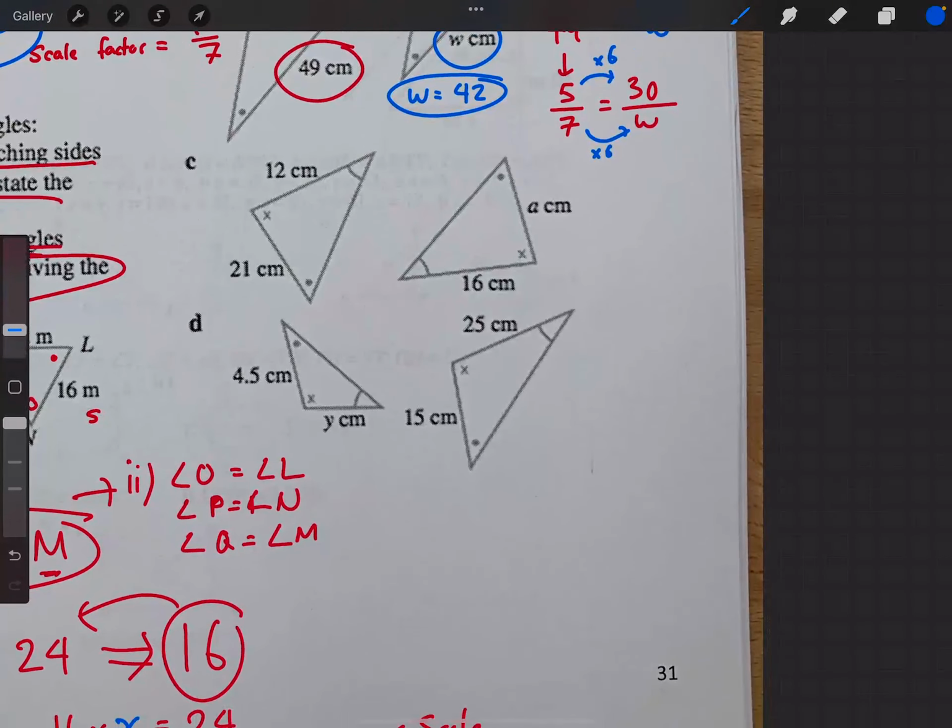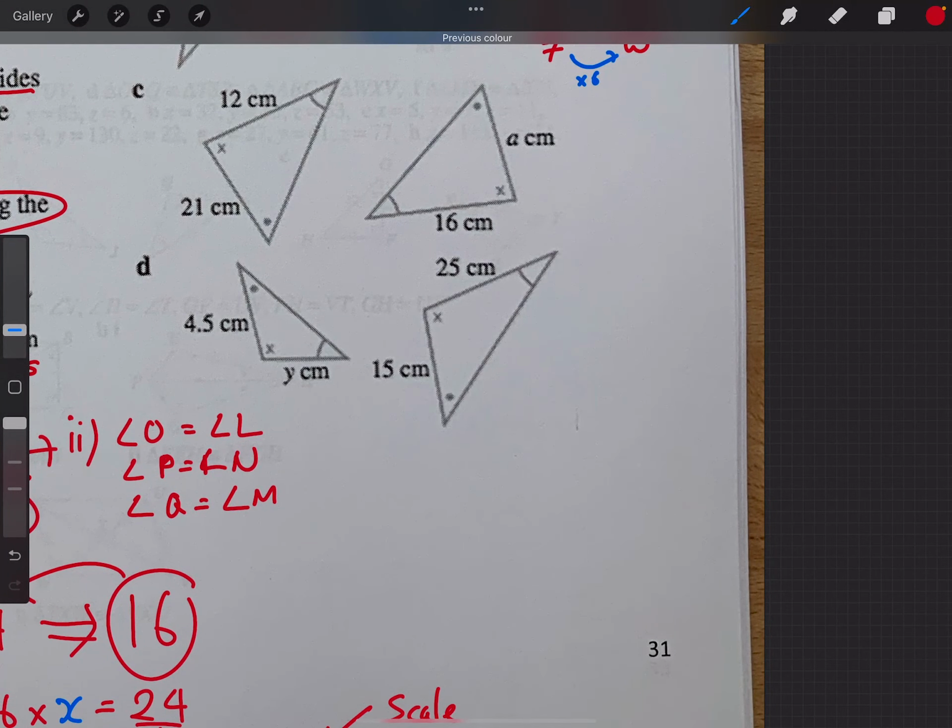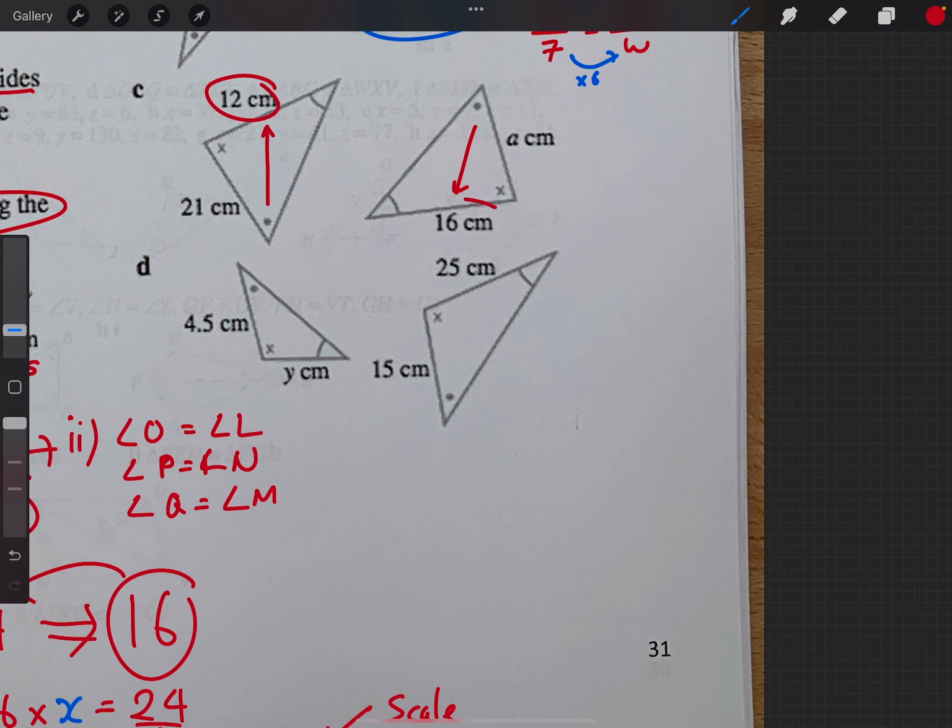Next one, question C. Let's have a look here. You got the angles a bit mixed up. Opposite the angle that is a dot is this one here. So those two lengths, 12 and 16, they are matching sides.